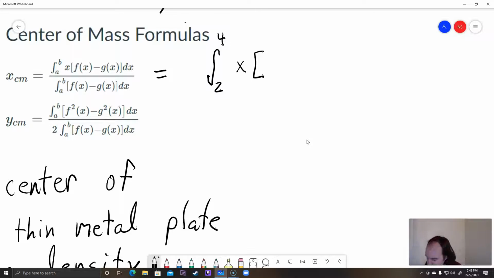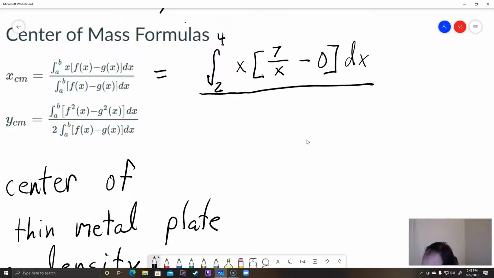But we said our f of x in this problem is 7 over x, and our g of x is 0. So that's going to be the integral from 2 to 4 of x times 7 over x minus 0 dx. That's the numerator of our x center of mass. And then our denominator is going to be the integral from 2 to 4 of f of x minus g of x dx. So that's going to be 7 over x minus 0 dx.